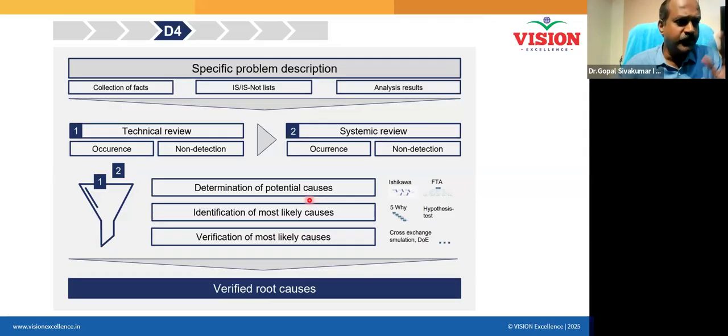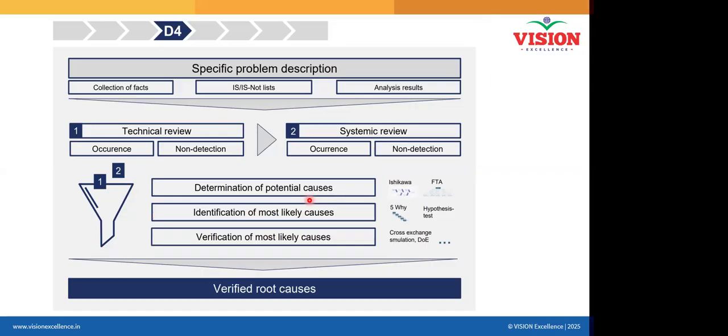So the same fishbone diagram, you may have to create considering the system level factors. And then you will be able to put up that fishbone diagram to your top management. And if they come forward to support you, then the problem can be resolved as part of your project. Hope it is clear.